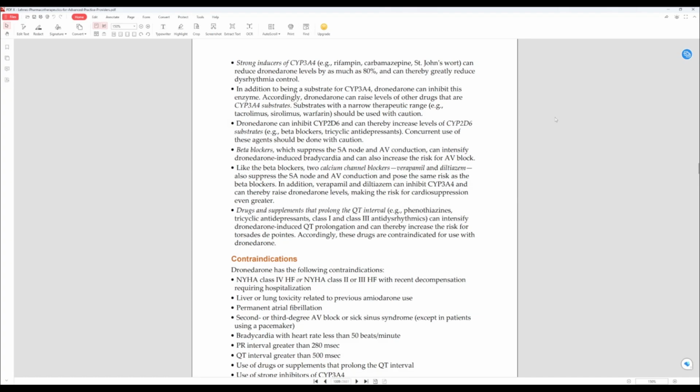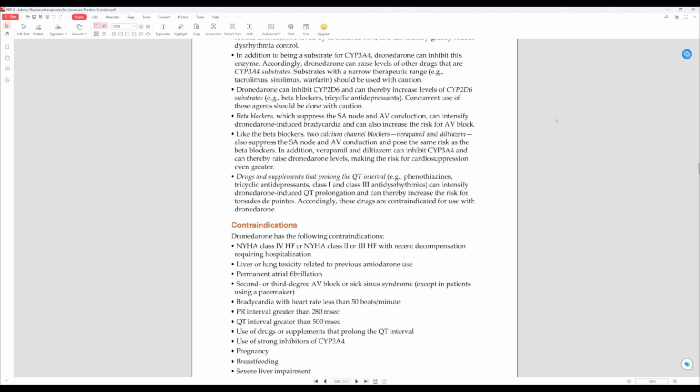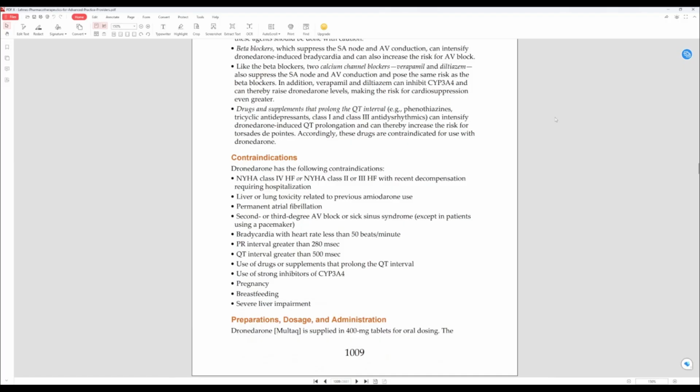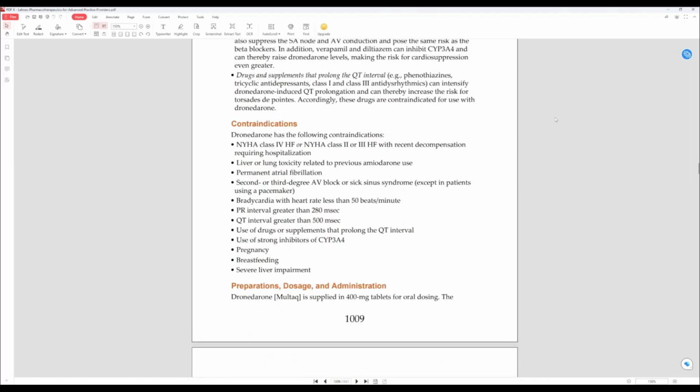In addition, verapamil and diltiazem can inhibit CYP3A4 and can therefore raise dronedarone levels, making the risk for cardiosuppression even greater. Drugs and supplements that prolong the QT interval can intensify dronedarone-induced QT prolongation and can therefore increase the risk for torsades de pointes. Accordingly, these drugs are contraindicated for use with dronedarone.